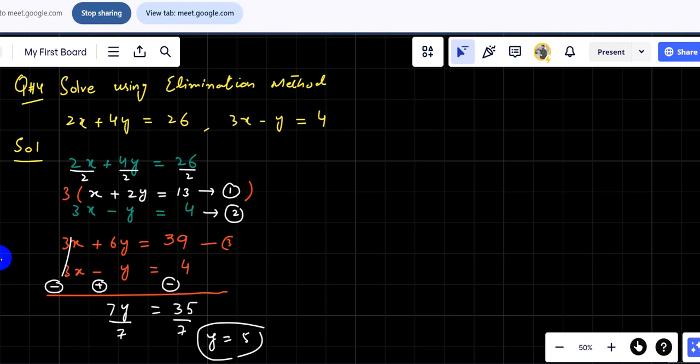And how can we find x here? Okay, x plus 2 times 5 equals 13.